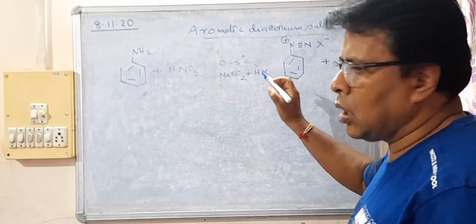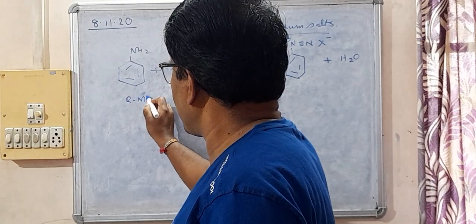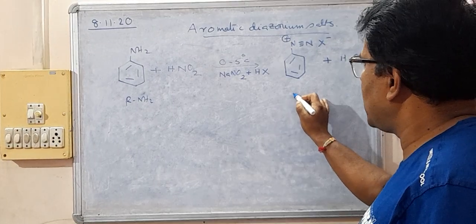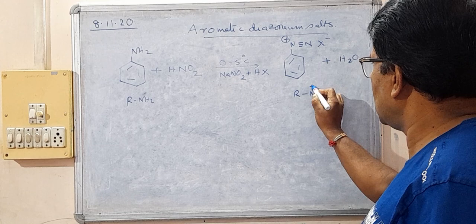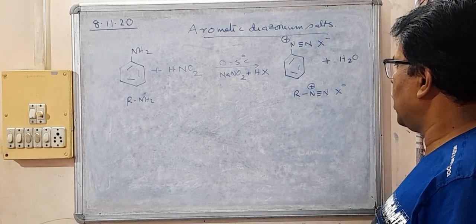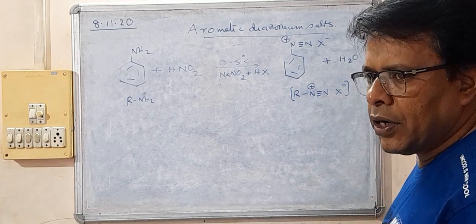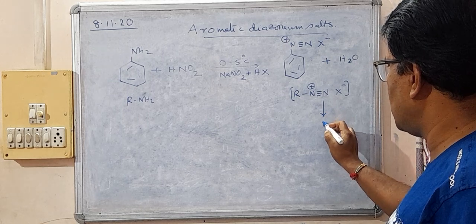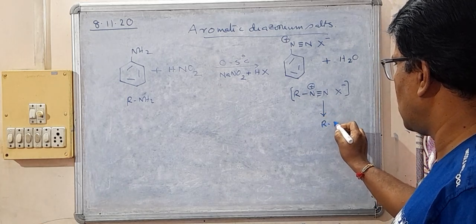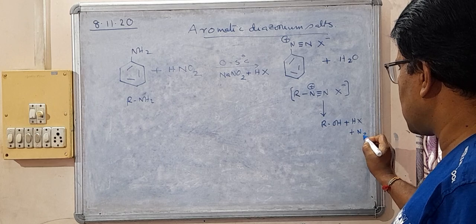Now, if we take aliphatic amine in this reaction, then we will get this one, but aliphatic diazonium salt is highly unstable, and it breaks down into alcohol plus HX with the release of nitrogen gas.